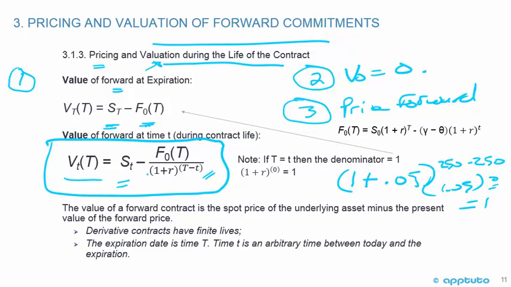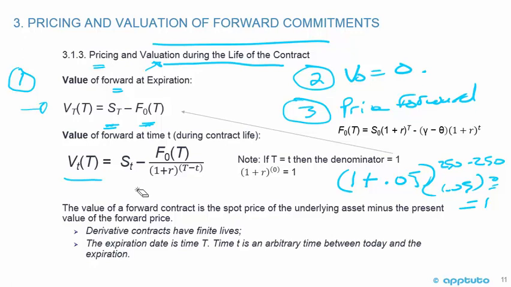So you can see that at expiration, I'm just going to scratch that right out, and my value of a forward at expiration is just the spot price minus the forward price. That should be fairly easy to understand, okay? I'm just going to erase that here just so you can see it again.